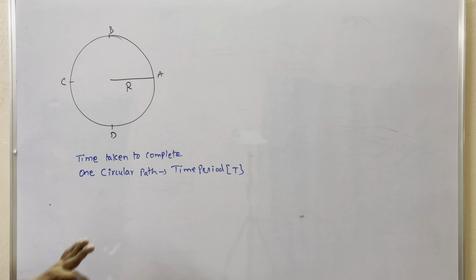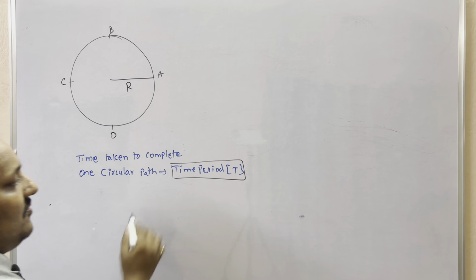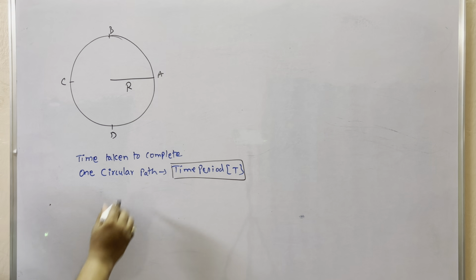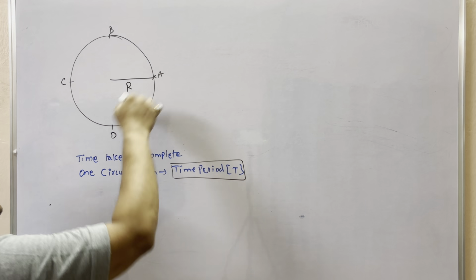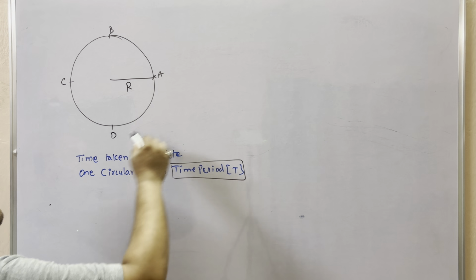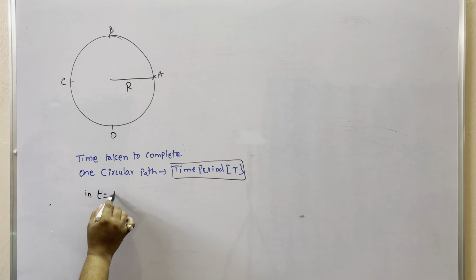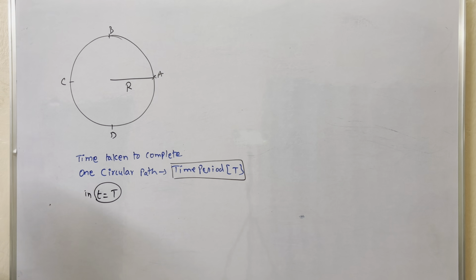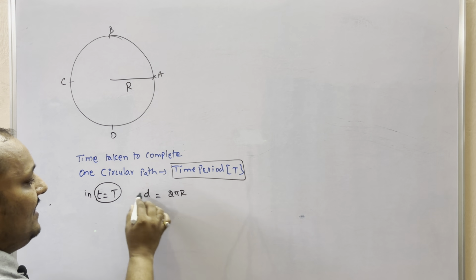Now, what is the distance covered in time period time? It means in time period time, if it starts at A, again it ends at A. So for one complete circular path, in time period time, the distance it is going to cover is 2 pi r.